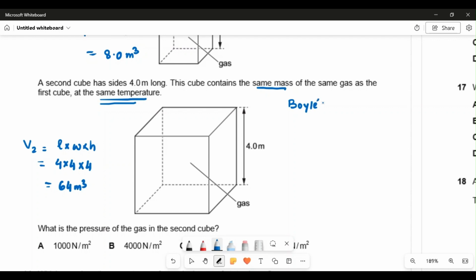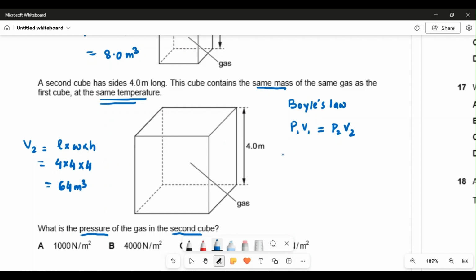Boyle's law says that the product of pressure and volume is always constant, and we can say mathematically P1 V1 is equal to P2 times V2. Here we are asked to find the pressure in the second cube that we labeled as 2.